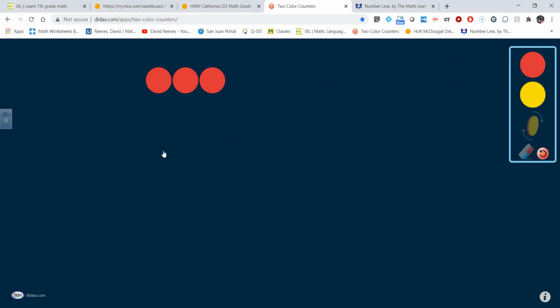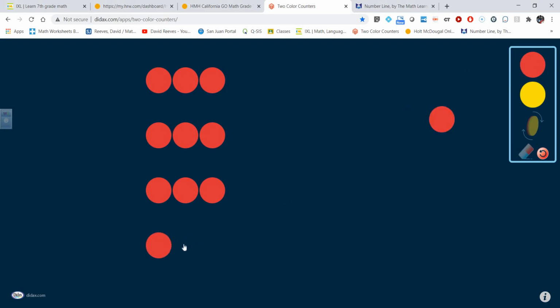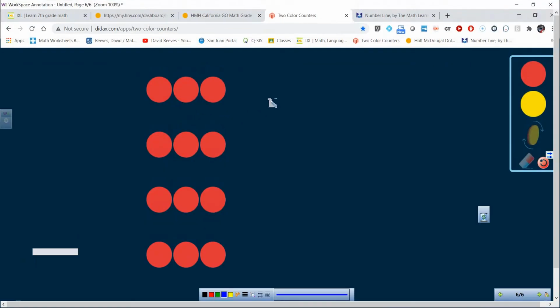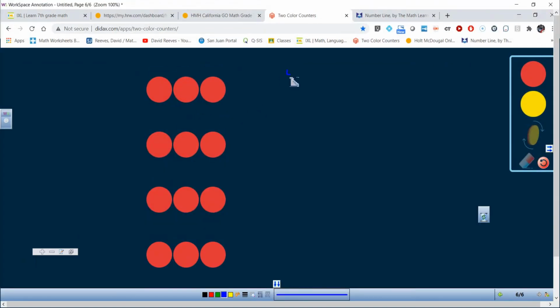That's one group of negative 3s. Here's two groups of negative 3s. Here's three groups of negative 3s. And here is the fourth group of 3 negatives, right? So this problem right here represents 4 times negative 3.